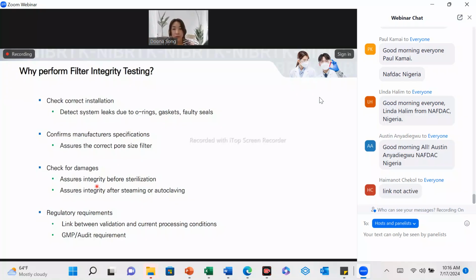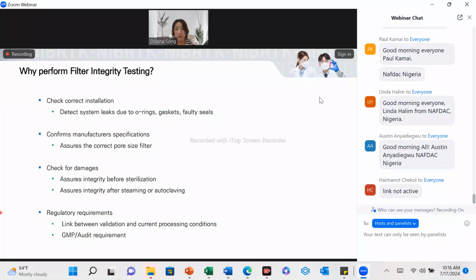And fourth, regulatory requirements. The filter integrity test is also important for meeting regulatory requirements. It creates a link between validation and current processing conditions. It is important for GMP and audit.